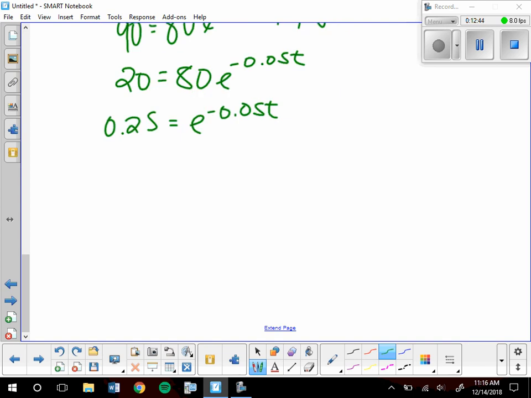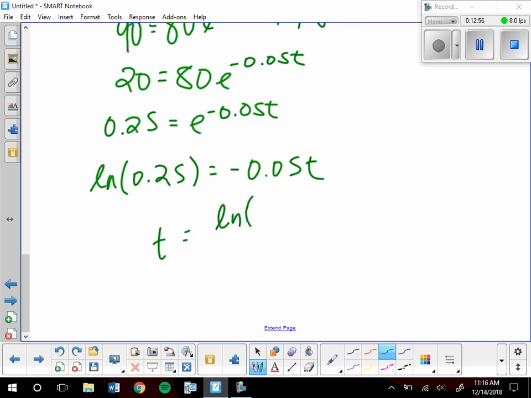We can take the natural log of both sides. Natural log and the e are going to undo each other. And then divide both sides by negative 0.05. So that's the exact answer.